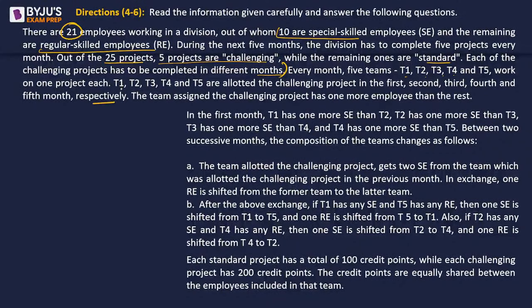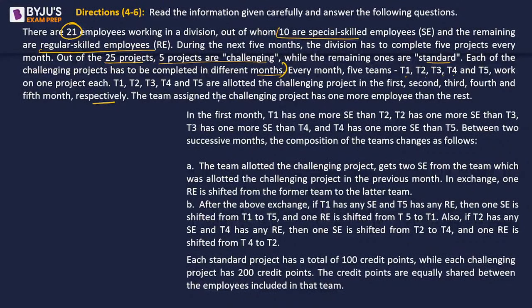So T1 will take the challenging project in the first month. The remaining 4 teams will take standard projects in the first month. Now in the second month, T2 will take the challenging project and the remaining teams will take the standard project. In the third month, T3 will take challenging. In the fourth month, T4 will take challenging, and so on.